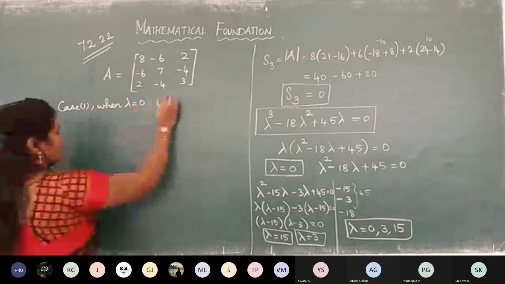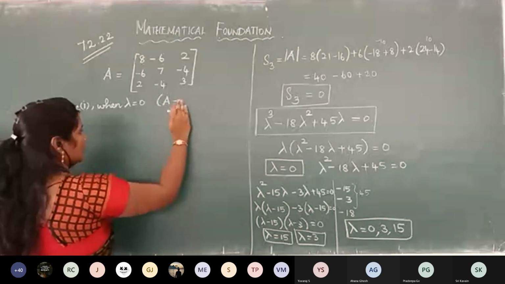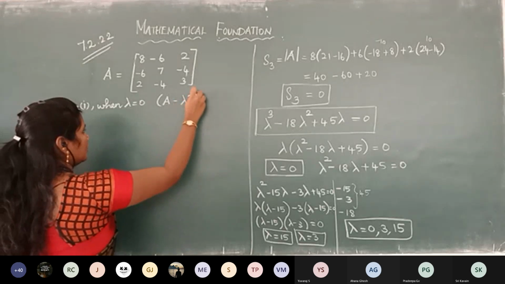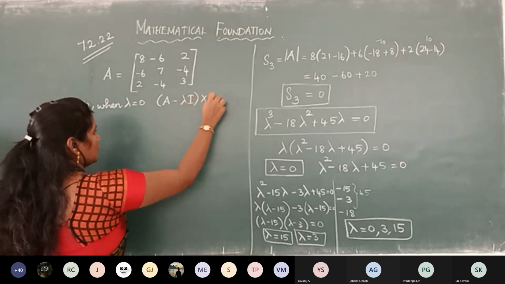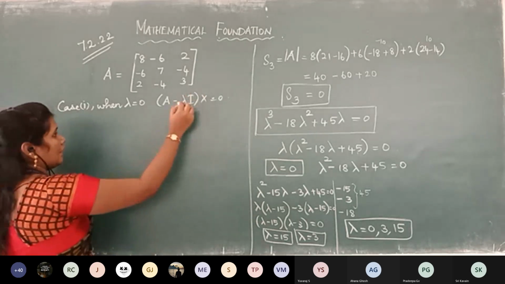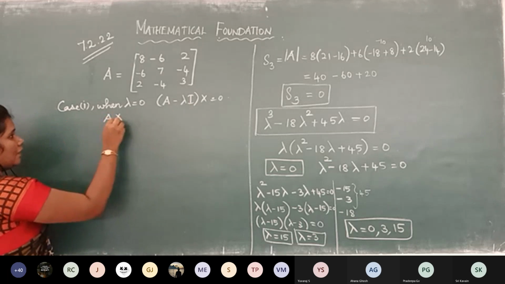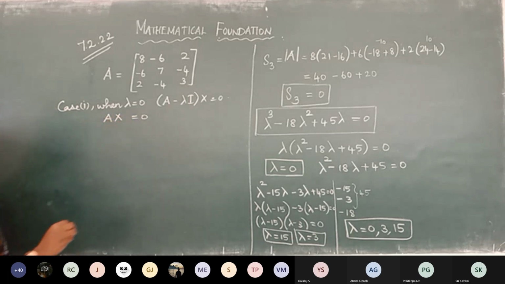When lambda is equal to 0, your A minus lambda I will also become A. It is actually A minus lambda I into x equal to 0. Now instead of this lambda, if you multiply 0, you will have only Ax equal to 0.